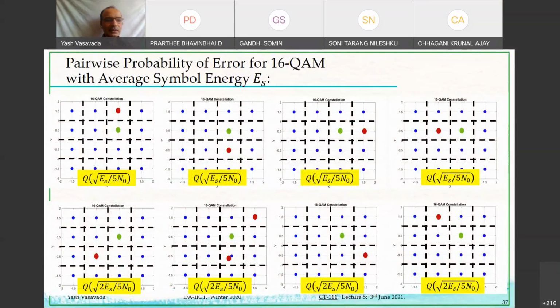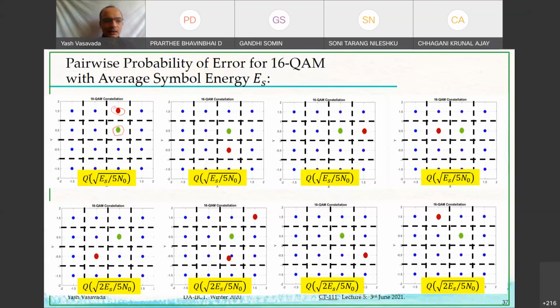So we are saying that this is the symbol that is transmitted. What is the probability that it gets mistaken as this red symbol? That probability we have seen on the previous slide: it is Q of square root of ES divided by 5 and 0, because the distance between these two points is square root of ES divided by 2.5.